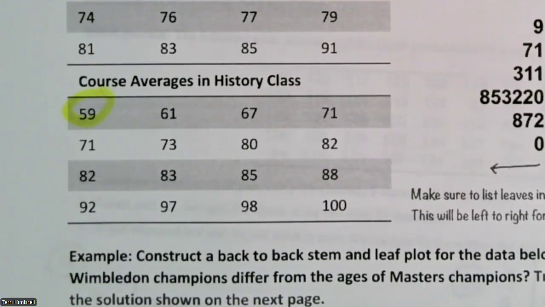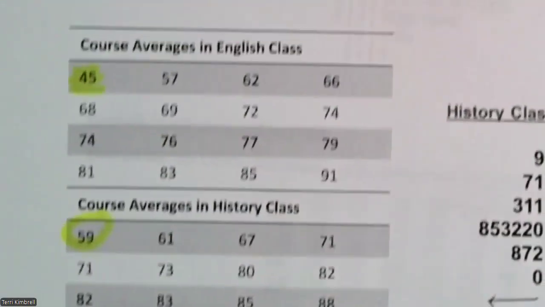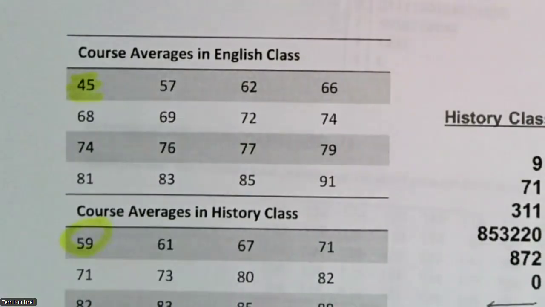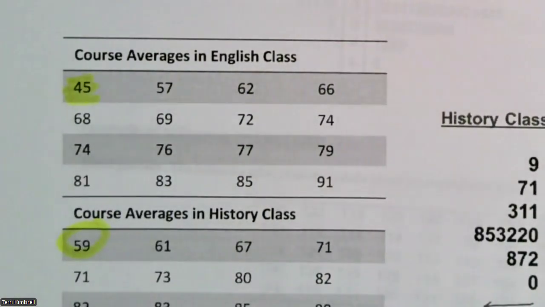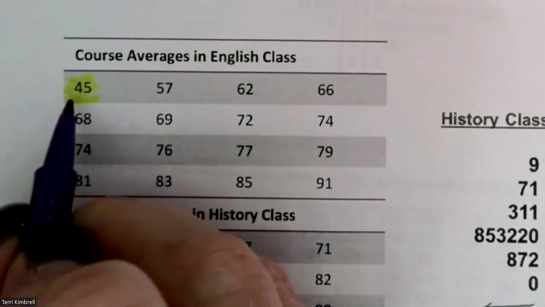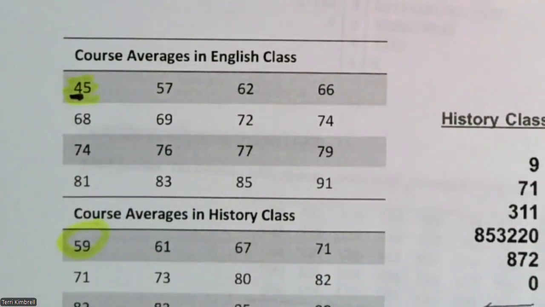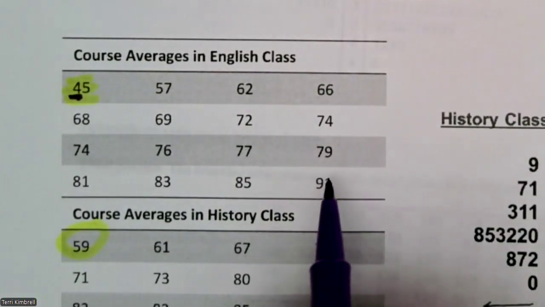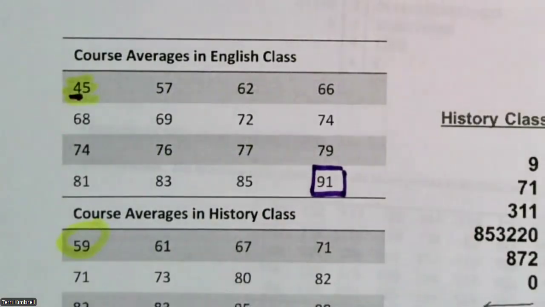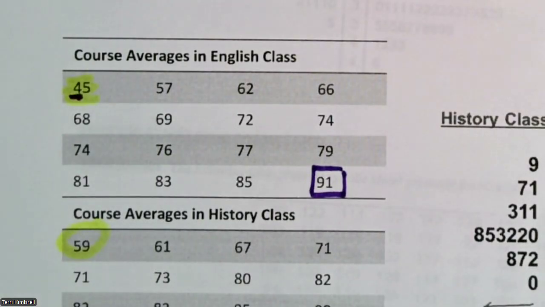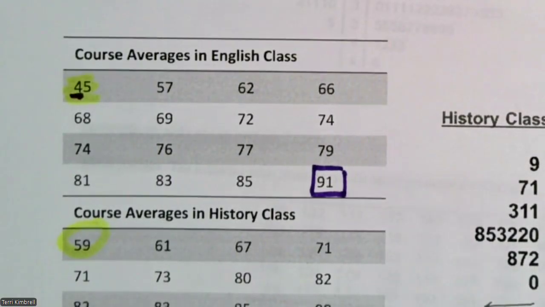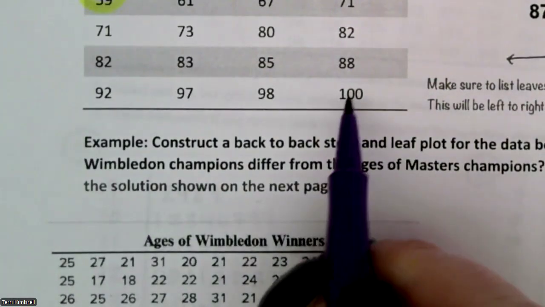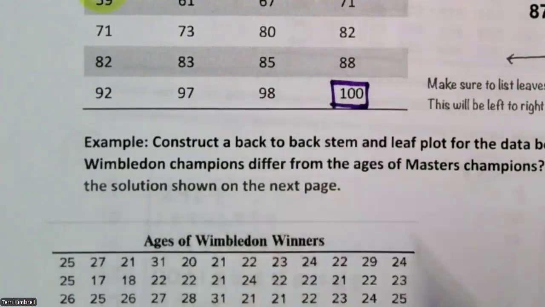Okay, and you can see right here that these are already from least to greatest if you go across. I just wanted to show you how to type these in case they're not. So with this information, we're going to start with the stem at 4. When you go to your highest score, the highest score is going to go up to a 91. The highest score in this one is going to go up to 100.